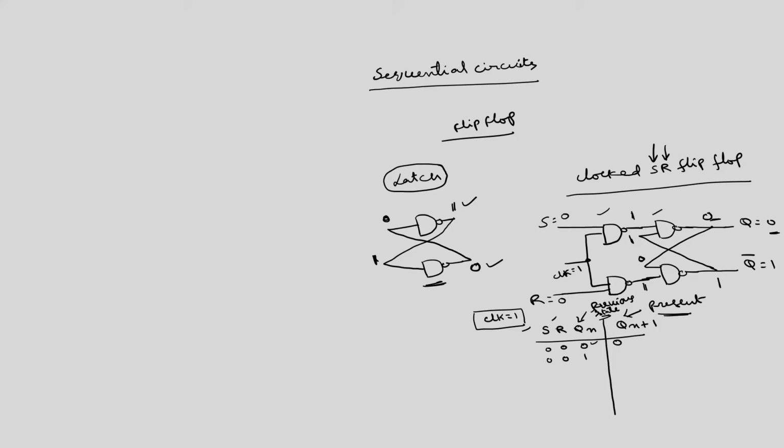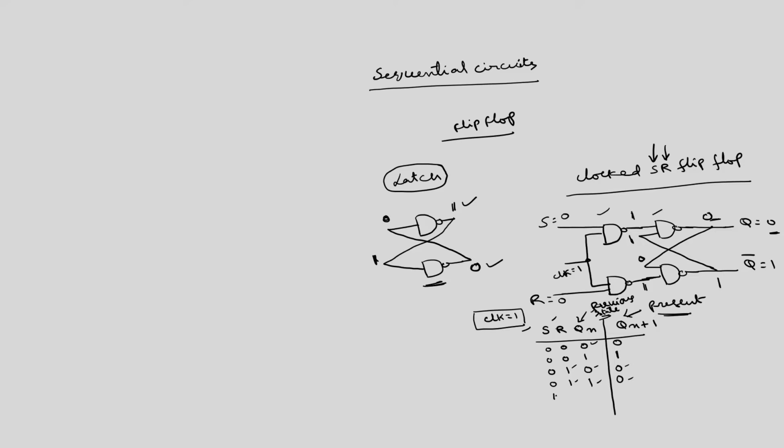Similarly, you can verify this table in a similar manner. I am just drawing the table: for previous state 1, the present state also will be 1. When the reset input is equal to 1, regardless of the previous state, the present state will be 0.